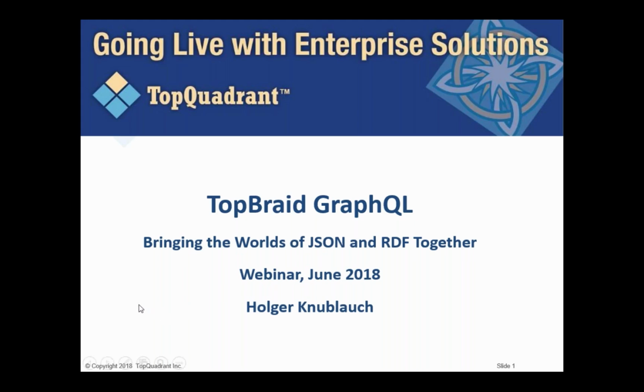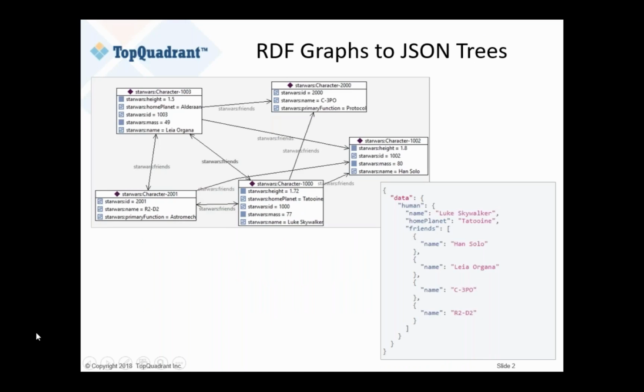All right, so the big picture that I'm trying to talk about today is really the transition between RDF graphs and JSON trees. If you think about it, you have a database maybe on your server or in your application, and graph databases are becoming increasingly popular, and obviously graphs are a very suitable mechanism for representing all kinds of knowledge. However, on client applications, you typically just need a small snapshot of this overall graph.